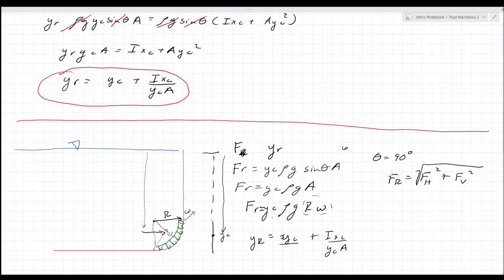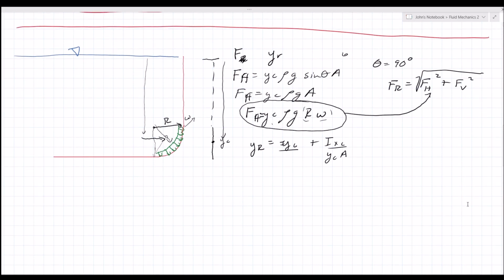Well, therefore this equation here is not the hydrostatic force; this is the horizontal force on the plane, on the quarter circle. Therefore, if I plug this equation into my horizontal force equation, that will help me determine the hydrostatic force.